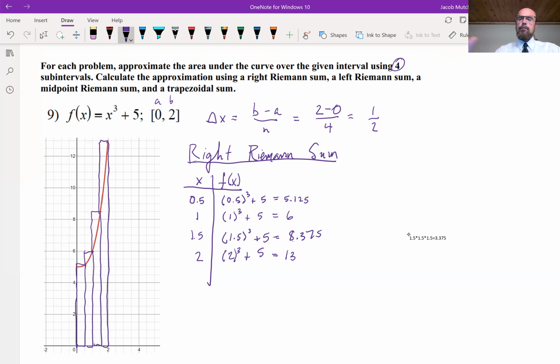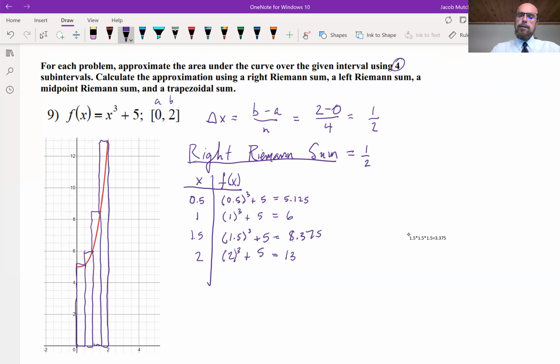I know each one is half wide. So for my right Riemann sum here, we'll say that it's going to equal half times, so we can think about it as 4 separate areas added up.